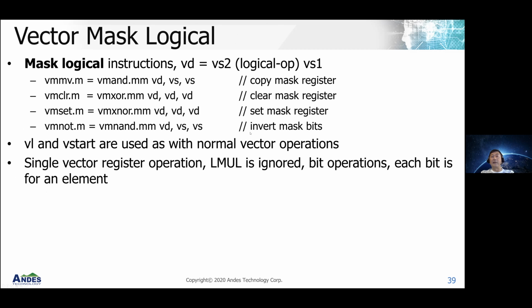So this is clear, this is set, one is XOR and one XNOR, or you can invert the mask bit. VL and V start are used as normal, but remember, it's only for a single bit, not the whole SEW thing. And because you only have one mask register, there's no LMUL, so LMUL is ignored in this case.